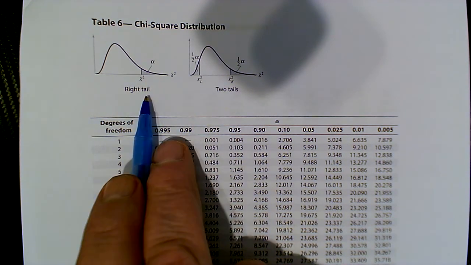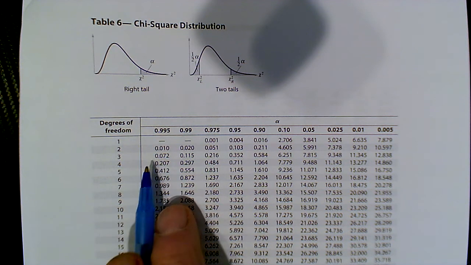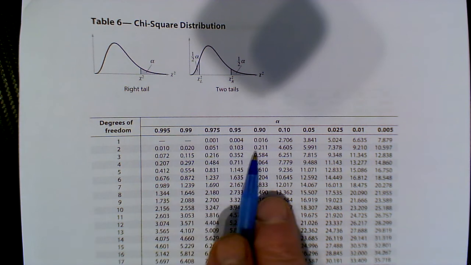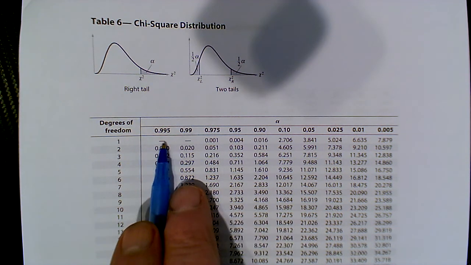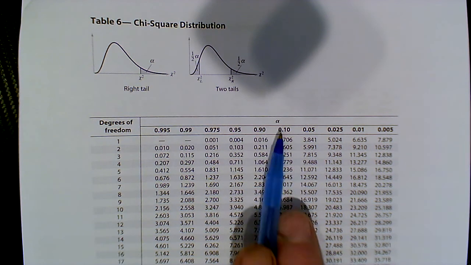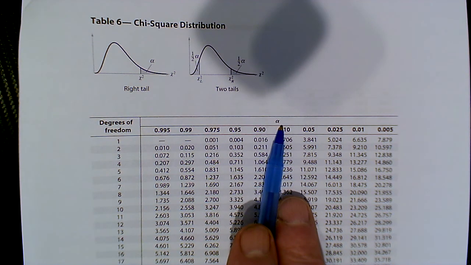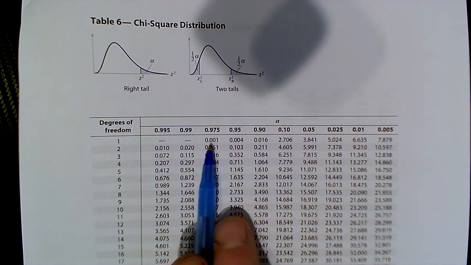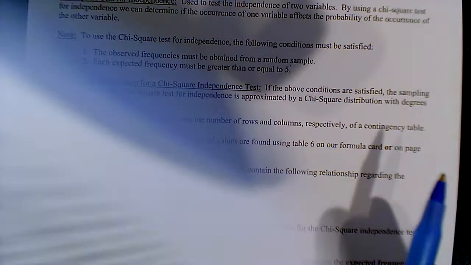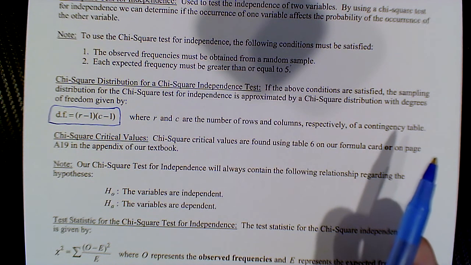We're only going to be dealing with the right-tailed test, and it's pretty easy to discern how to use the table because there's your degrees of freedom on the left, just like the t-distribution, and the value of alpha, level of significance, in the respective columns. So we'll see that momentarily.